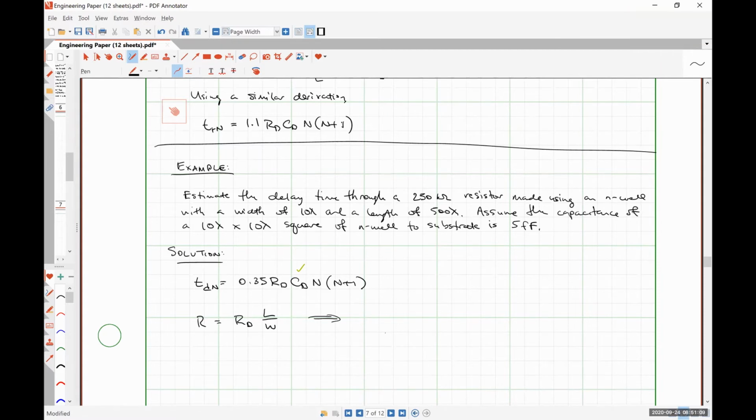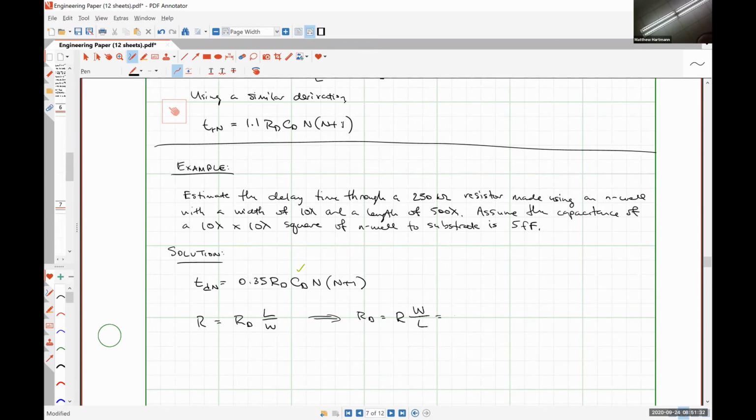So that means that R squared is R times width over length.